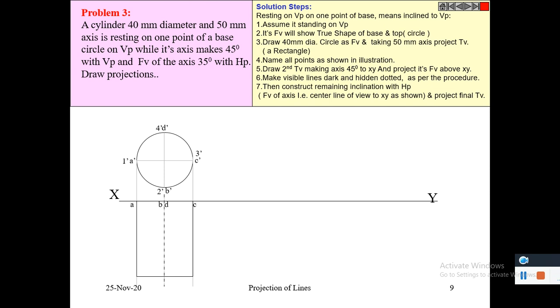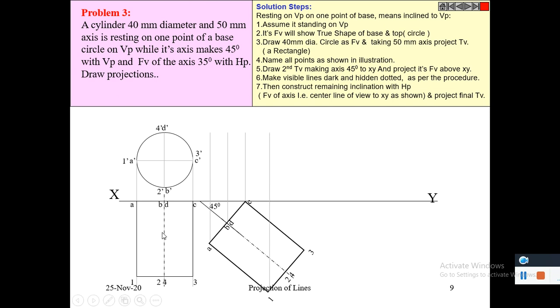It is given that the cylinder is resting on VP and its axis makes 45 degree angle with the VP. So it is the reproduction of this view. Draw its front view.